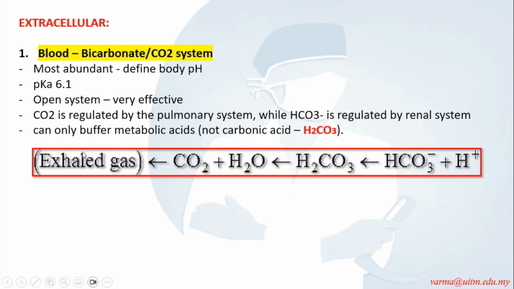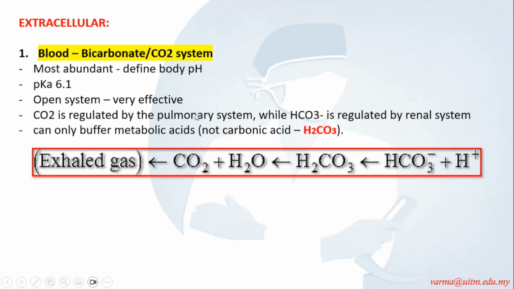About the blood bicarbonate system, you have to mention this equation. You can start off with this equation. The blood bicarbonate system is the most abundant buffer system in the body. It defines the body pH. It has a pK of 6.1. It is an open system. It is very effective.